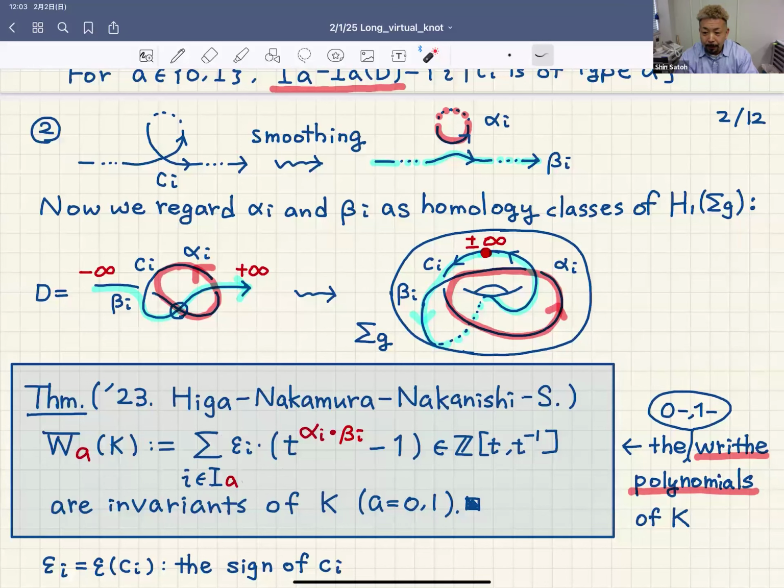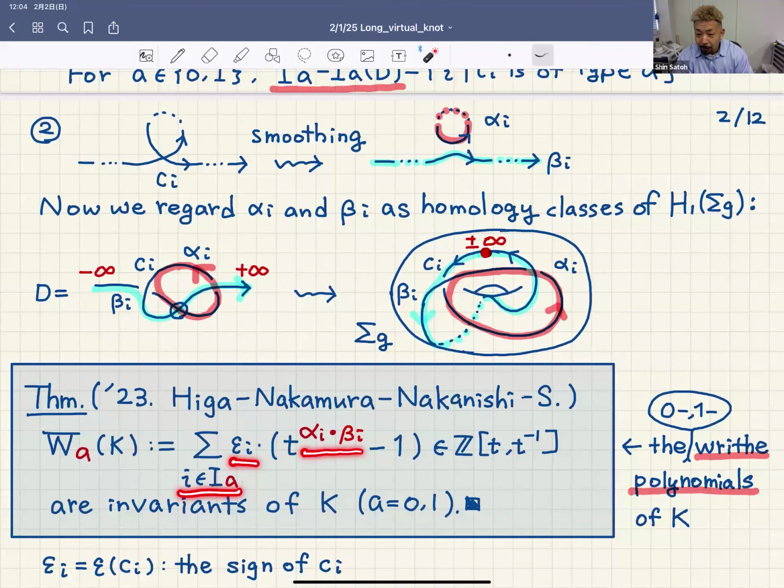Then we can define a Laurent polynomial WA by this equation for each A. Roughly speaking, this polynomial is a formal sum of the intersection numbers of alpha i and beta i as homology classes, equipped with the sign of the crossing, for all the crossings Ci of type A only.